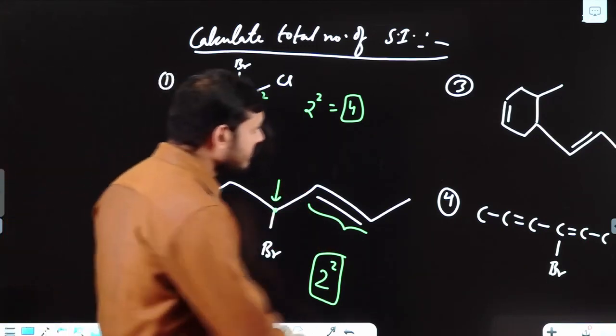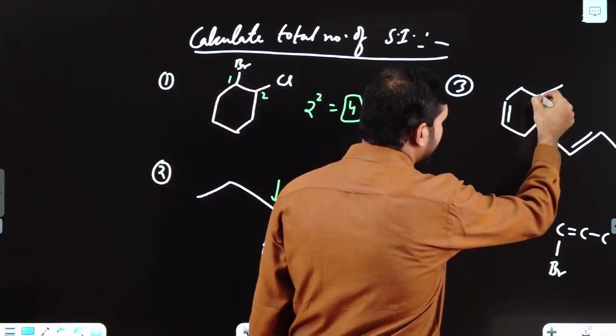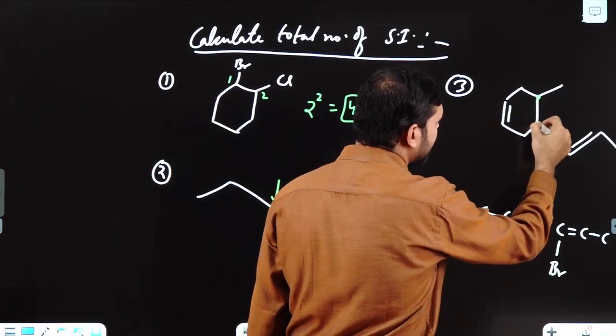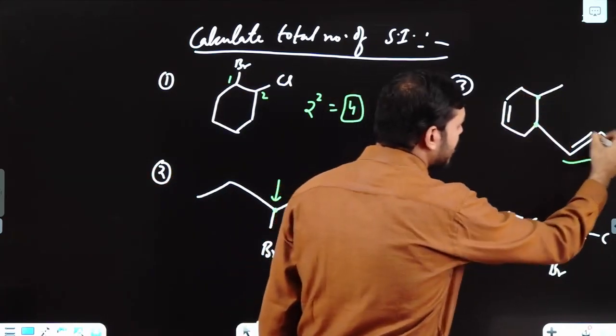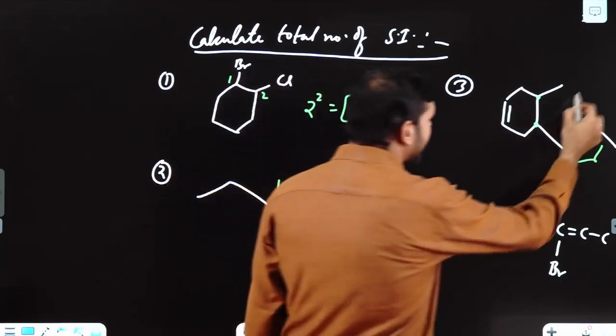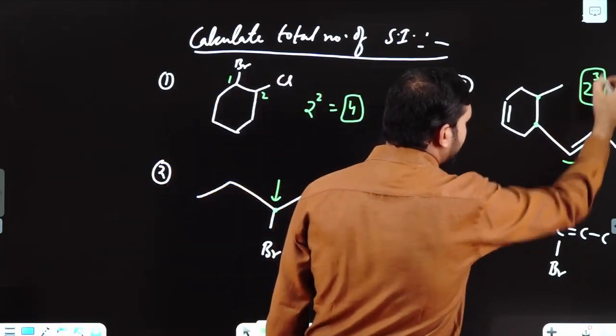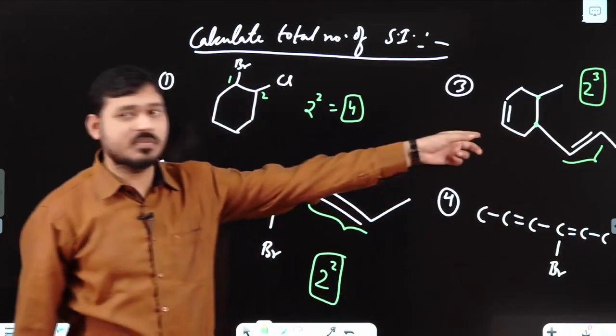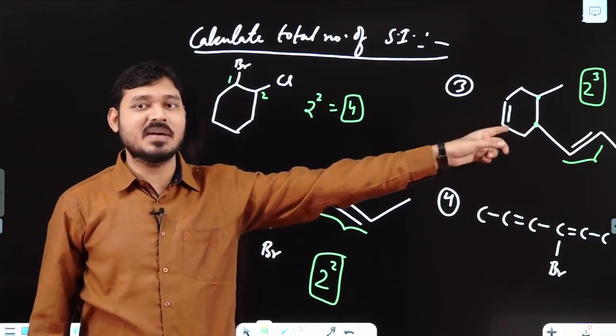Okay, now check this one. This is a chiral center, this is also a chiral center, and this part is also involved. Okay, clear? So simply I can say 2 to the power 3 means total 8 stereoisomers will be possible for this compound.